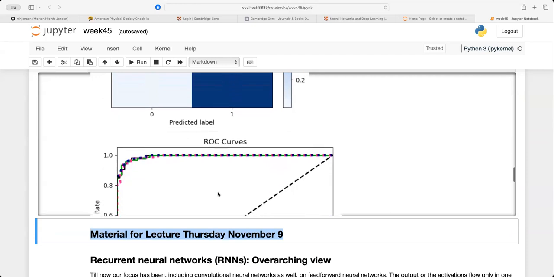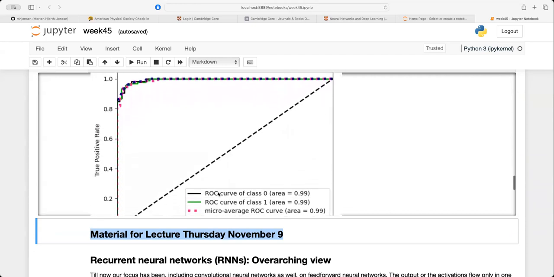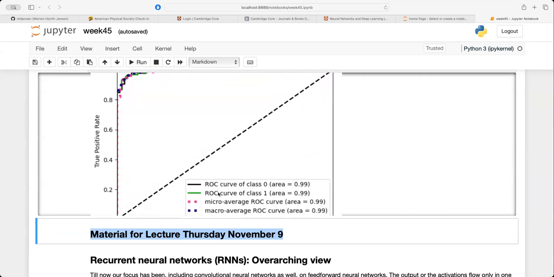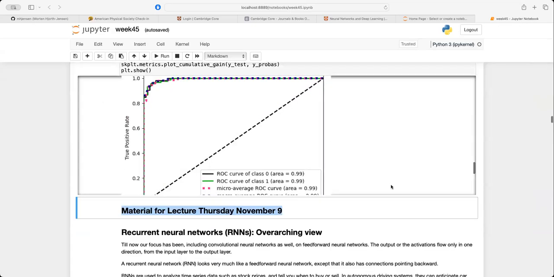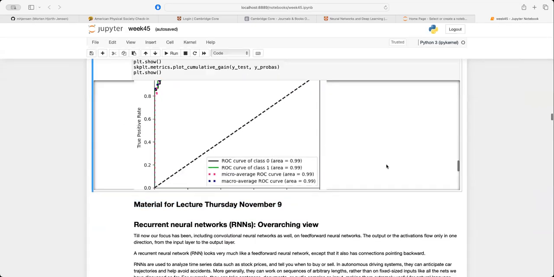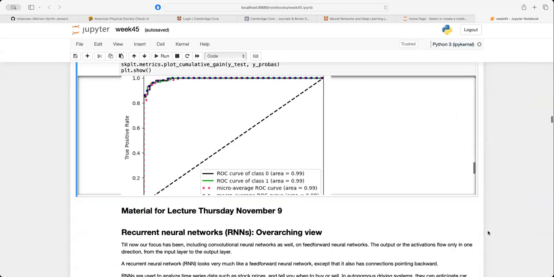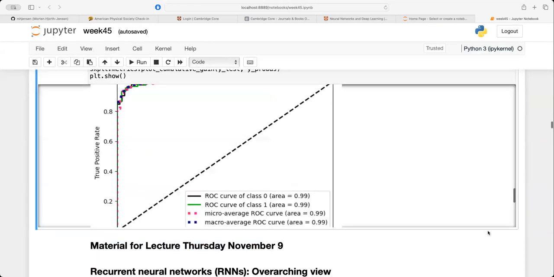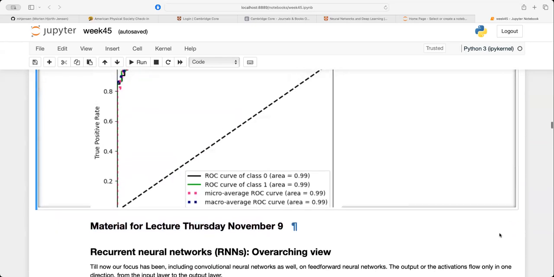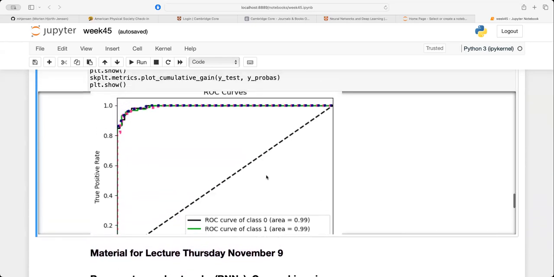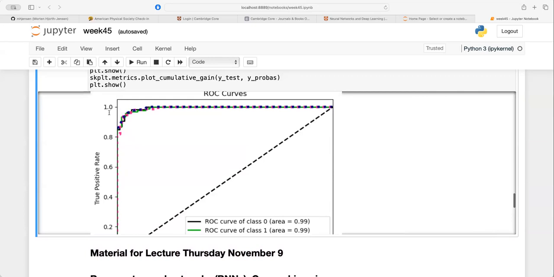And then you have the ROC curve. So if the true positive rate is 1, that should give you the best possible model.